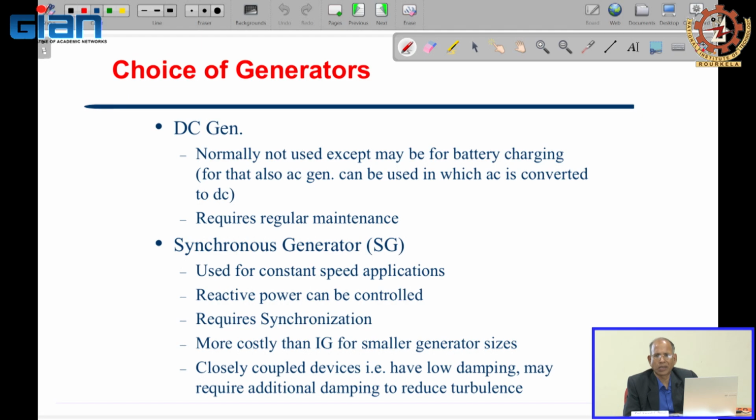The synchronous generator we will use where we have constant speed applications like the diesel generator.